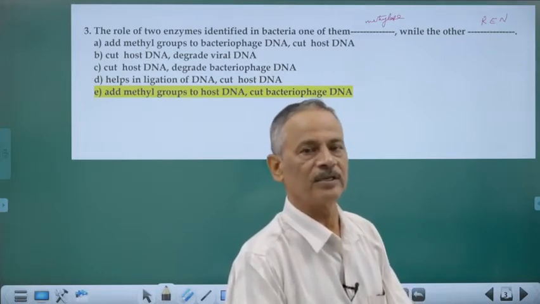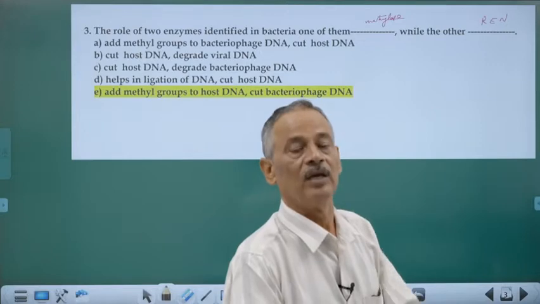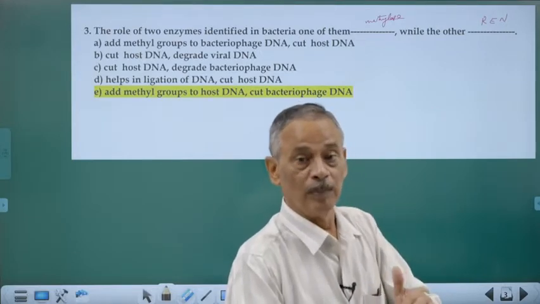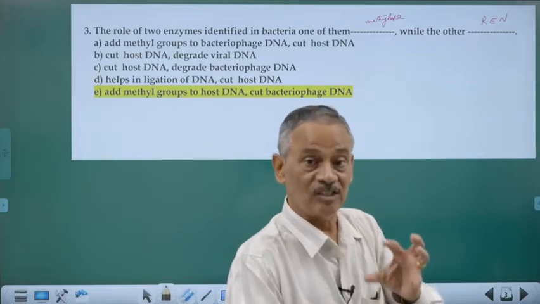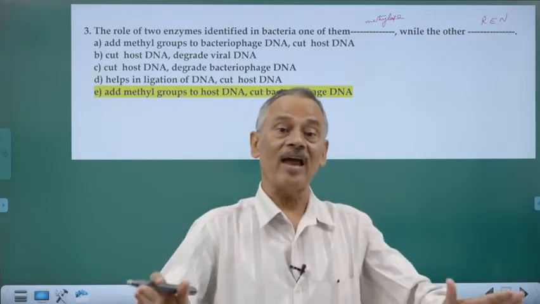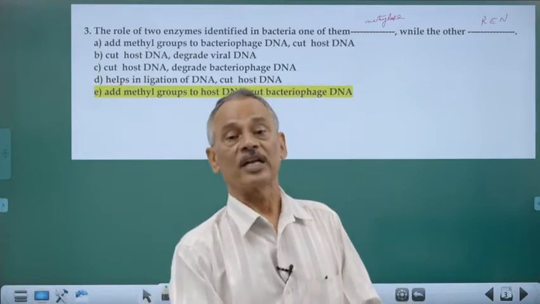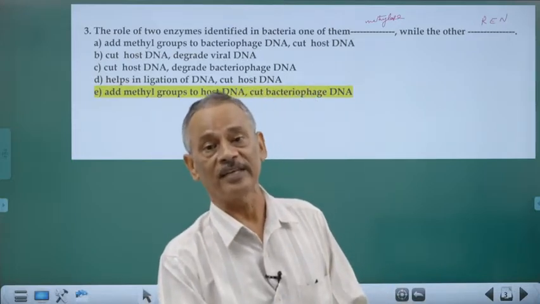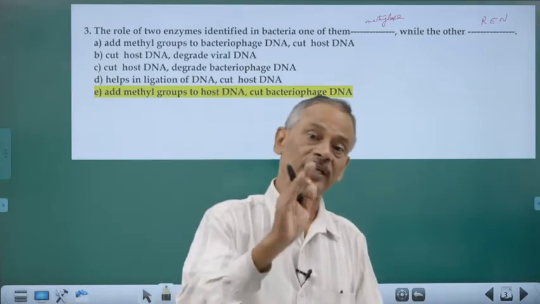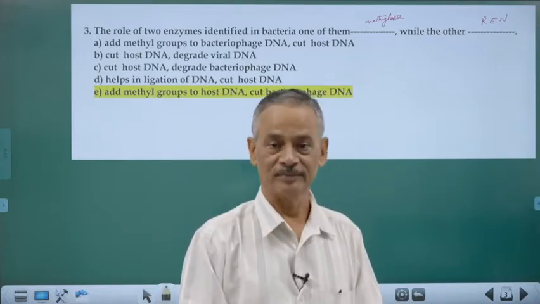That methylating restricting enzyme complex is responsible for adding a methyl group to the DNA nitrogen bases so that the nitrogen base is not attacked by its own restriction enzymes, because it is methylated, it is not available for cutting. Thus, its own DNA is all protected.